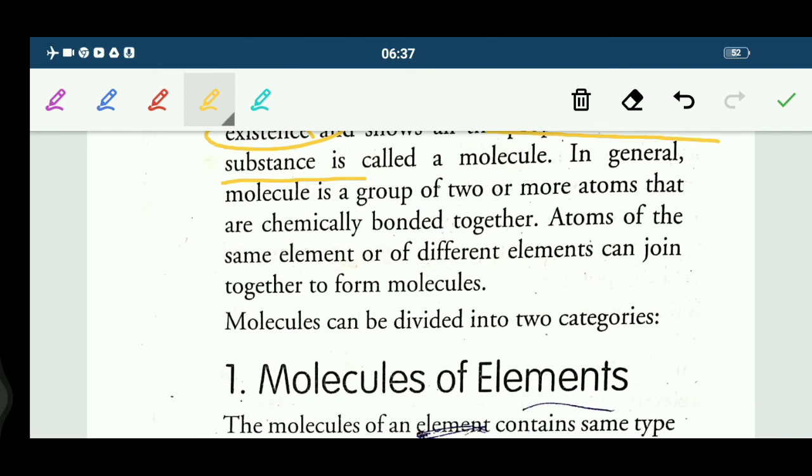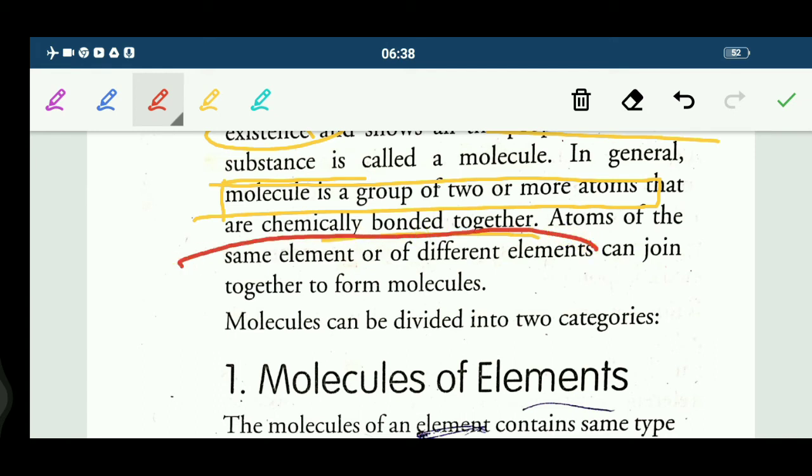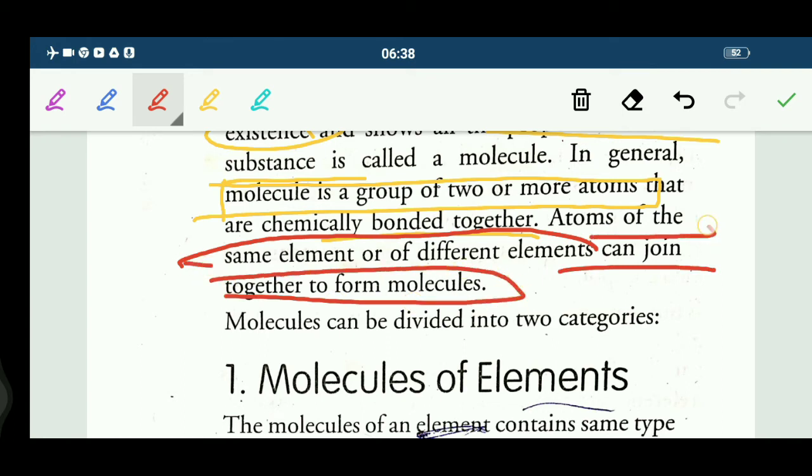In general, a molecule is a group of 2 or more atoms that are chemically bonded together. Atoms of the same element or of different elements can join together to form the molecule. So remember these two lines. Atoms of either the same element or different elements can join together to form the molecule.